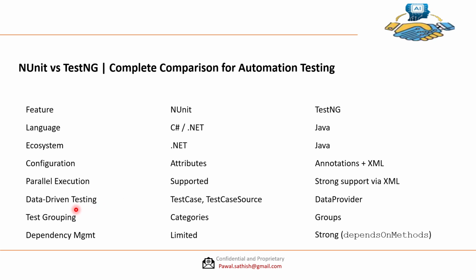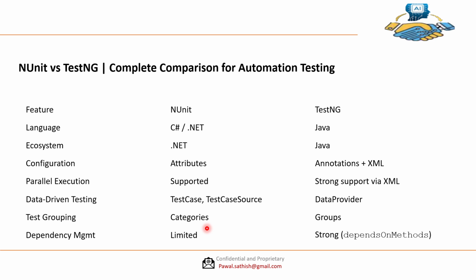For data-driven testing, in NUnit we have TestCase, whereas in TestNG we have the DataProvider annotation, through which we provide different sets of data into a single test method. Considering grouping, we can segregate smoke, regression, and sanity test cases. In TestNG we have the groups annotation, whereas in NUnit we have Category, using which we can segregate different test cases.